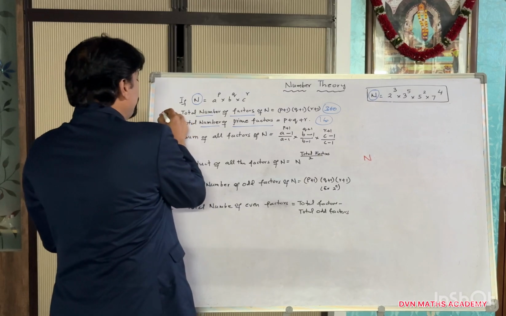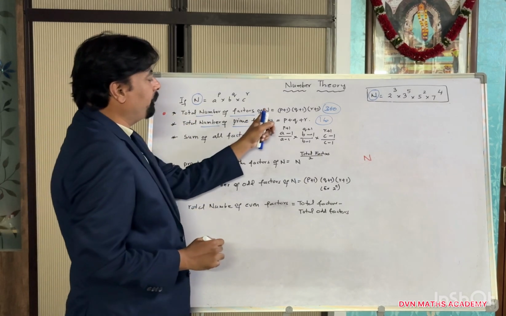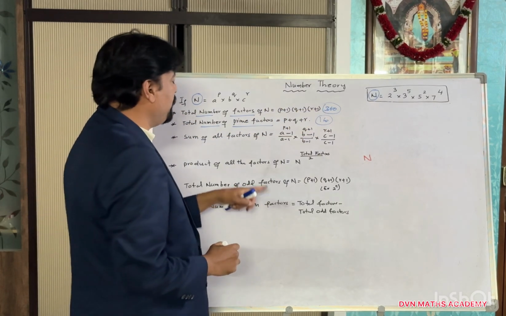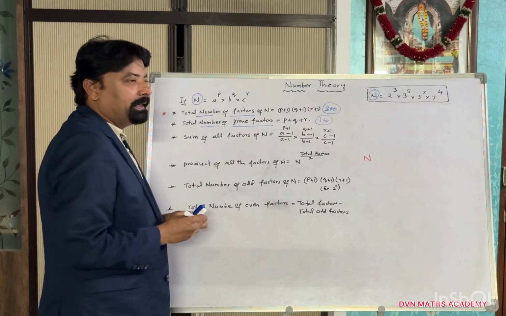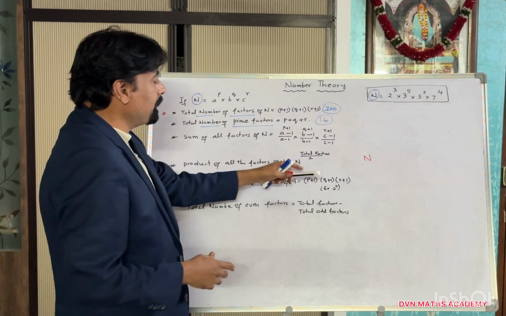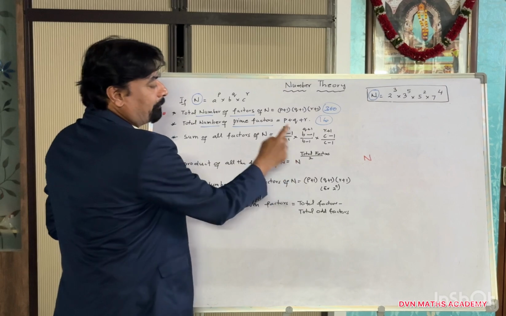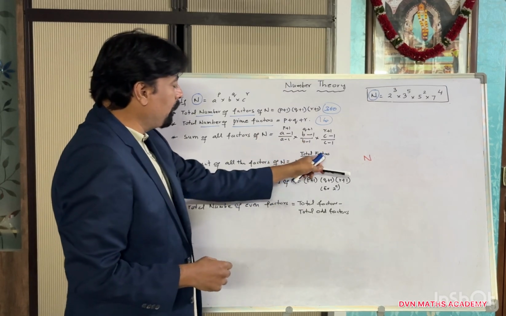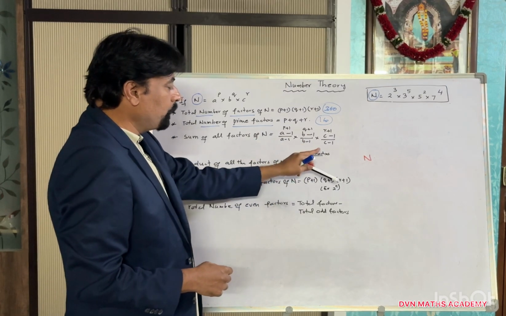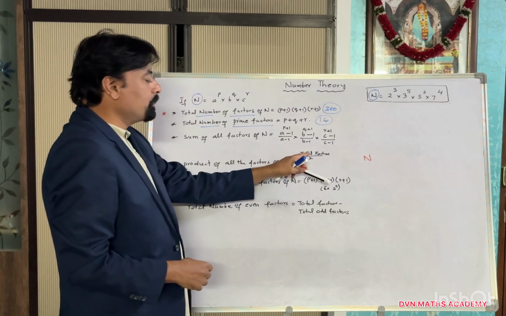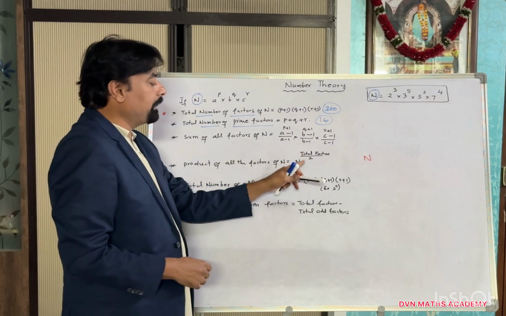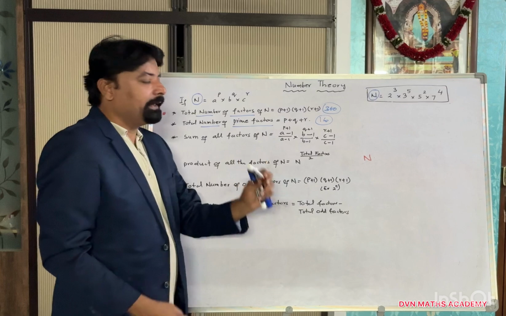I already told you the total number of factors of n is given, that is 360. So you substitute those values in this power, then you will get the product of all its factors.